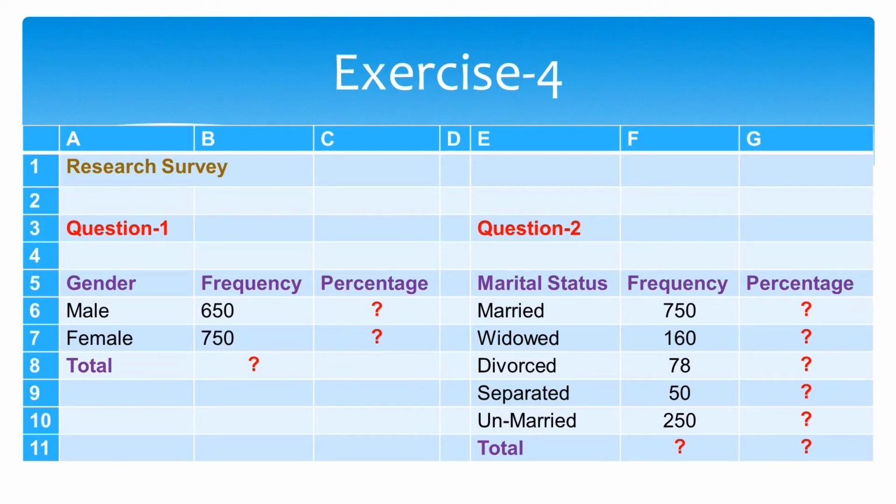So, again we want to find out the total of all the participants and what percentage the various categories of marital status represent. So, this we find out.